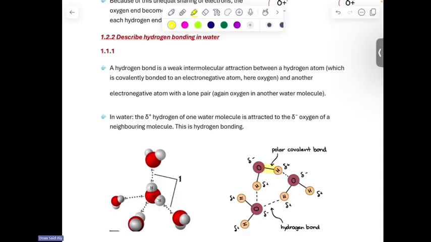It bonds the oxygen with the hydrogen to form the water, and they will not ask you about it. The one that they will ask you about is the hydrogen bond between the water molecules, and it is represented by a dotted line. But don't depend on the dotted line; you must know that it's between two water molecules.